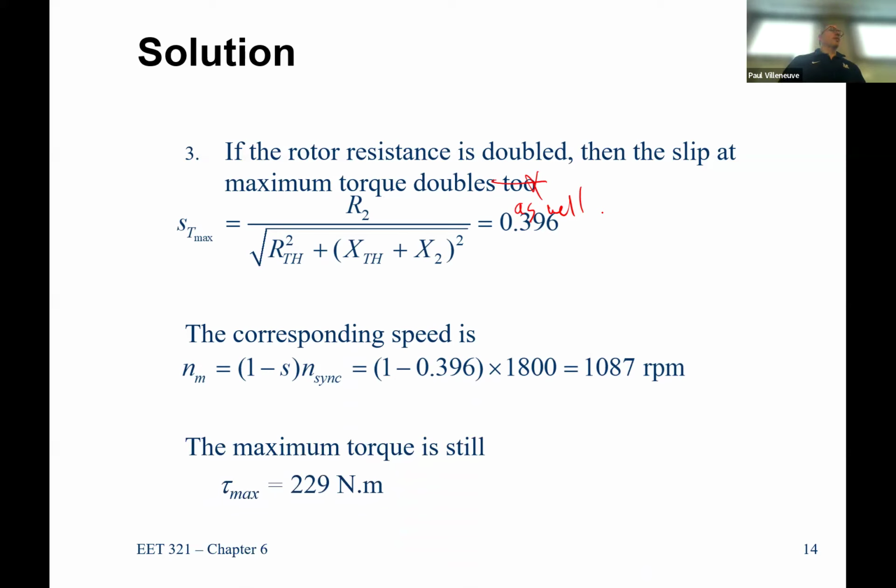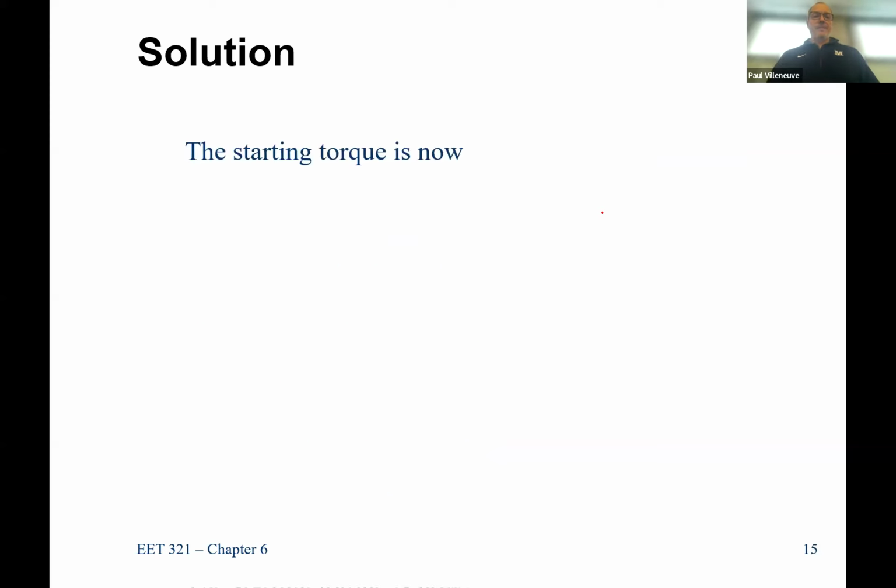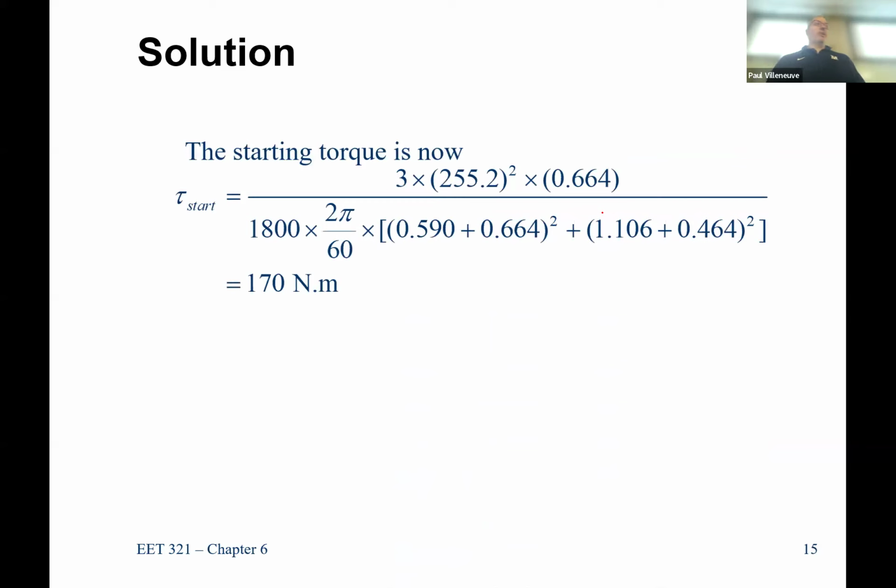Maximum torque does not change, as long as I don't increase my rotor resistance so much that I limit the amount of current. Because it's a wound rotor, I can inject more resistance into the rotor. Starting torque, though, does change because I've moved my max torque back a little bit. I'm not going quite as far down, so I'm actually further up on the curve. So instead of the 104 or whatever it is, now I'm getting 170.